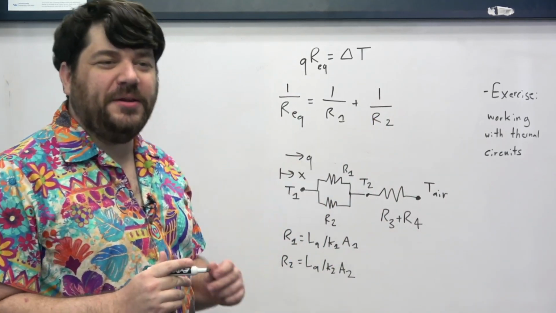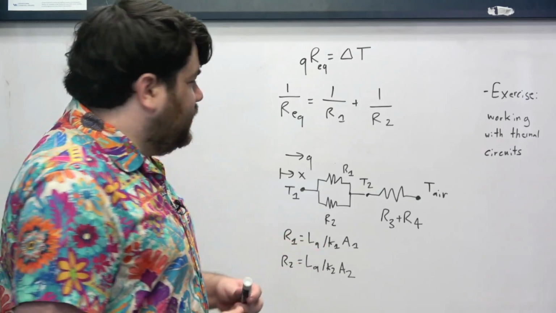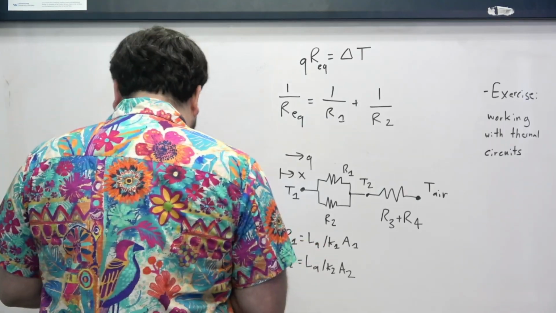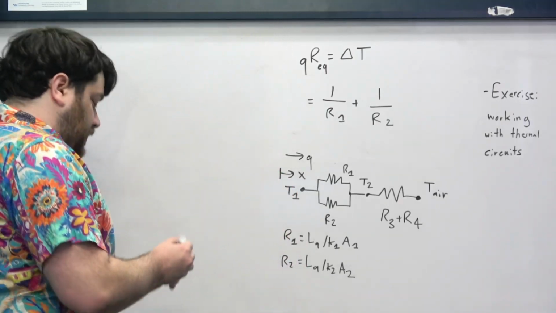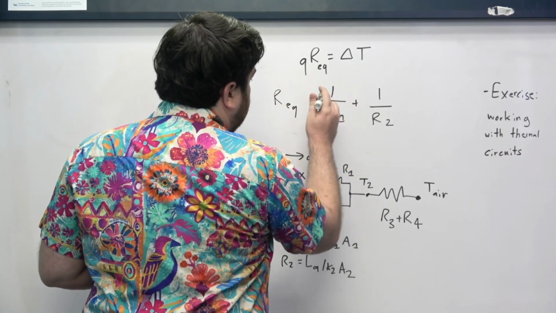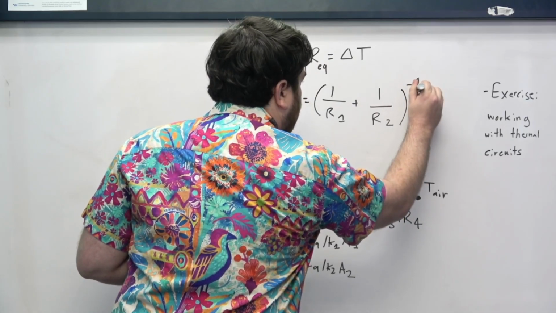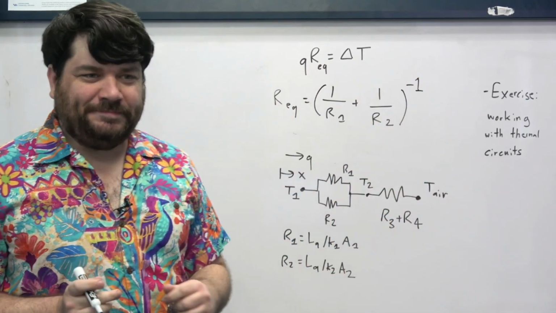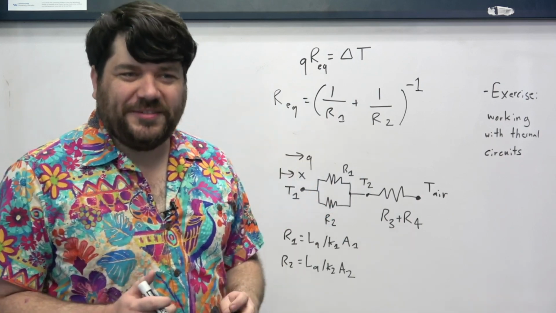Right? This is what we mean when we say that the inverses add. And so what we can do now is to say, well, if this is the case, then the equivalent thermal resistance is just equal to this thing inverted, right? And so, as long as you know what R1 and R2 are, this is a relatively simple expression.